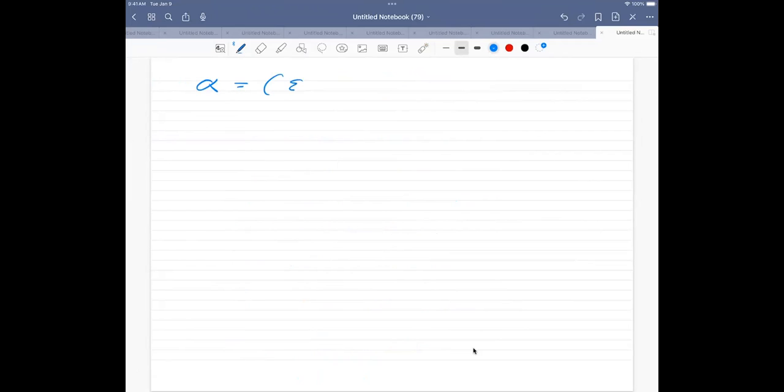So we have an epsilon 00 plus an epsilon 01. And when you add these up, you will see that this actually gives you the final diagonal elements.